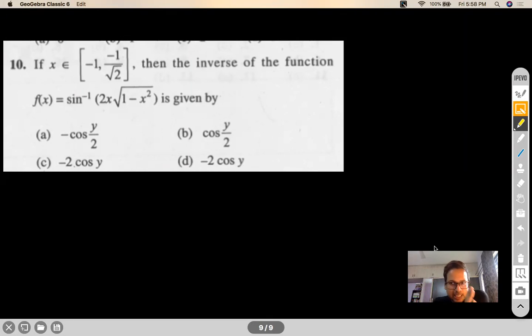Guys, let me tell you, only in that part the inverse will exist. I hope you are aware why.